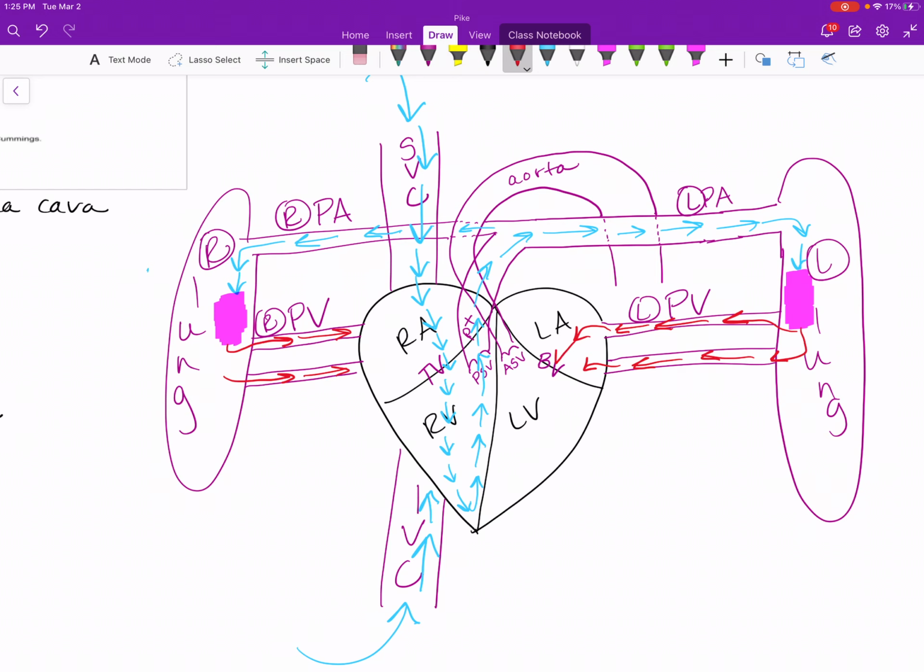That blood is going to go through the bicuspid valve, and remember, it's going to travel down. We're going to do the same thing as the right side of the heart. We're going to travel in, build up enough pressure so that that blood can be forced out through the aortic semilunar valve, entering into the aorta, go up.